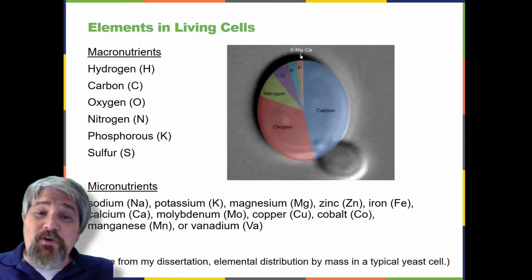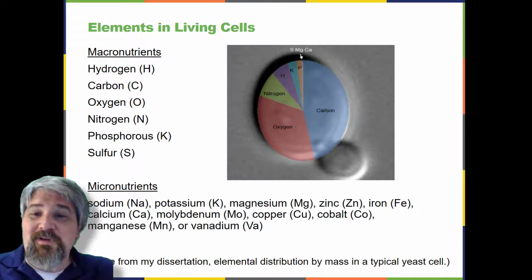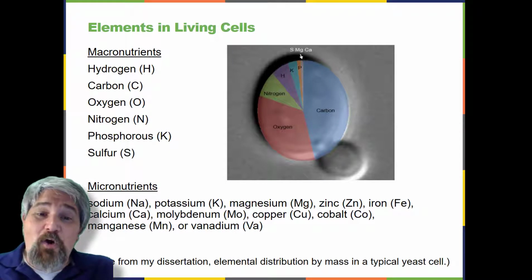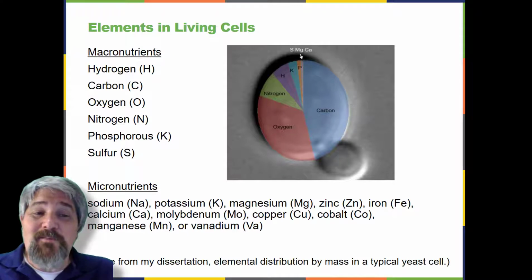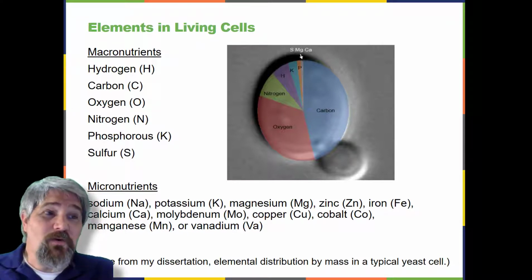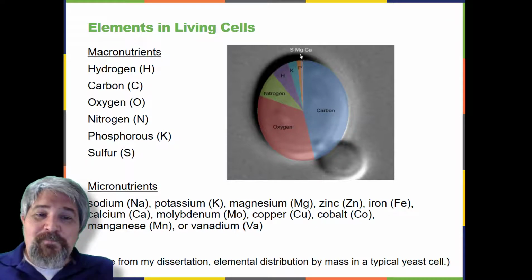Some elements such as sodium, potassium, magnesium, zinc, iron, calcium, molybdenum, copper, cobalt, manganese, or vanadium are required by some cells in very small amounts and are called micronutrients or trace elements. All of these elements are essential to the function of many biochemical reactions and therefore are essential to life.